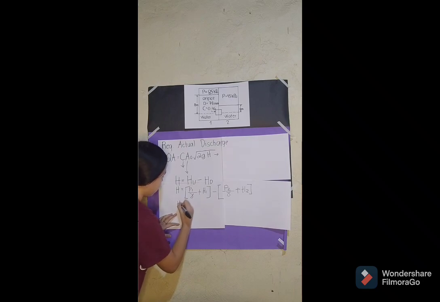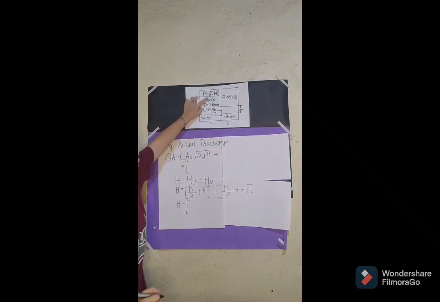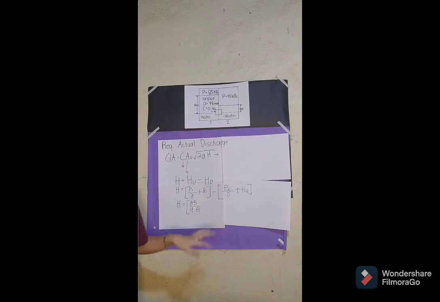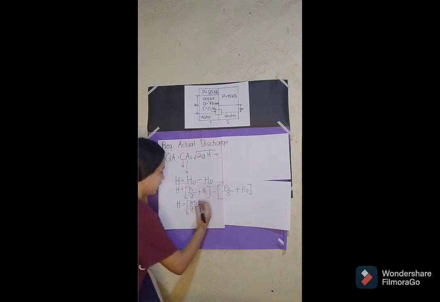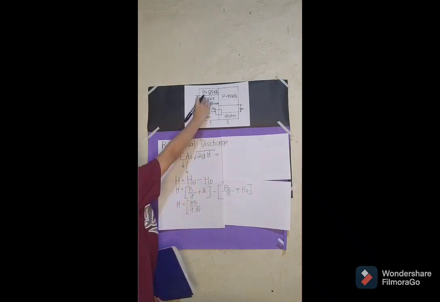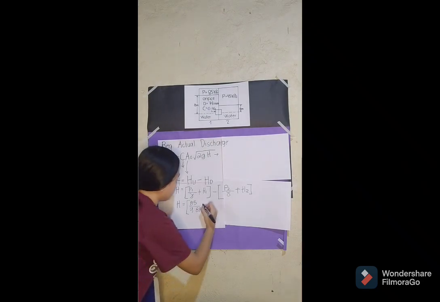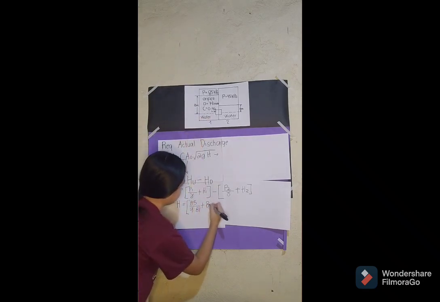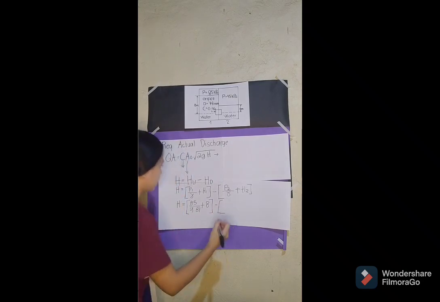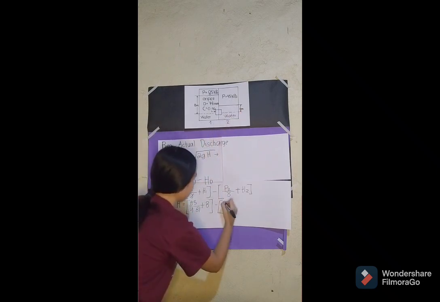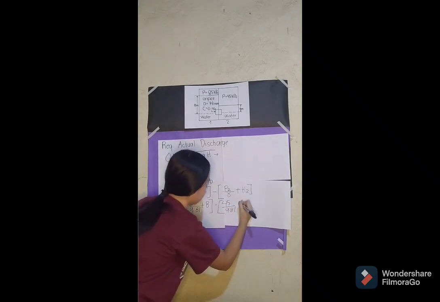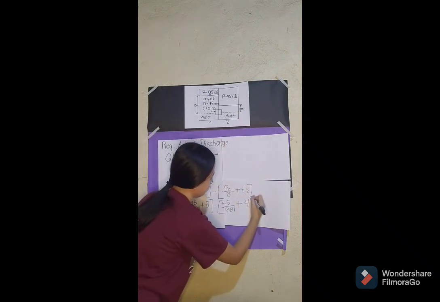So we have here our P sub 1, which is 85 kPa over 9.81 kilonewton per cubic meter, since we are using kilopascal in our air pressure, plus our H sub 1, which is 8 meters, minus our P sub 2, which is 45 kilopascal over 9.81 plus our H sub 2, which is 4 meters.